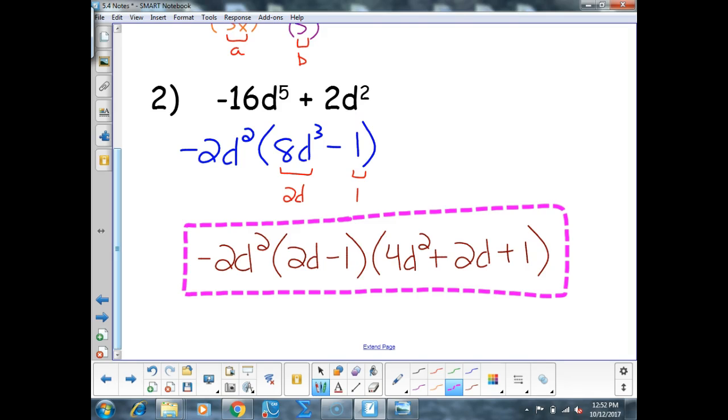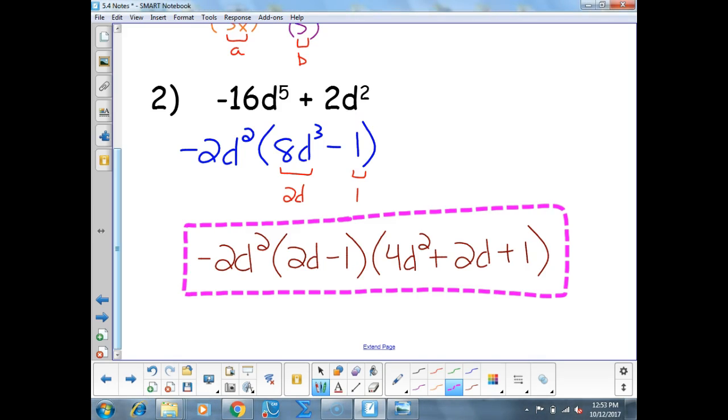So it would be 2d squared, parentheses, 2d plus 1, parentheses, 4d squared minus 2d plus 1. Except what Freddie did wrong was when she multiplied here, she didn't bring the negative along with the negative 2d. So then this trinomial should have been the same for both.